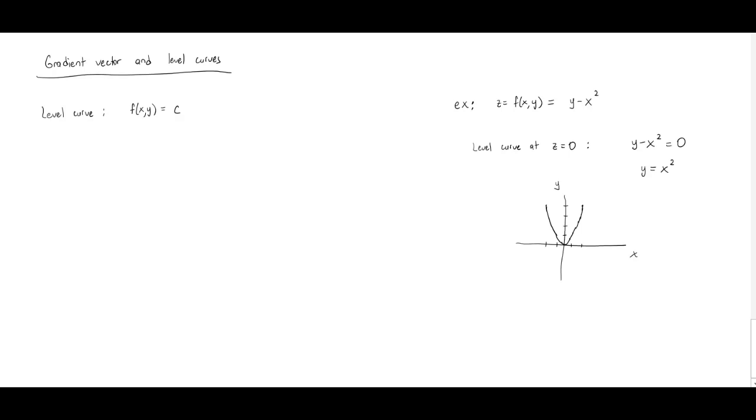Now, remember that when we were talking about curves, we usually represented them using a parameterization. So let's suppose that I have some parameterization of this level curve. I'll come up with one in my example.